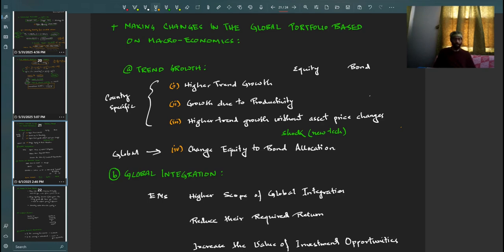Now, this will entail equities, bonds, and all other kinds of alternate assets, and over and above, this will also entail different currencies in which these assets are denominated, right? So you have to take into account not only the valuation of the assets, but also how that valuation plays out in tandem with the currency valuation.